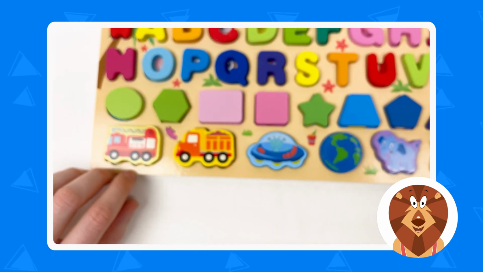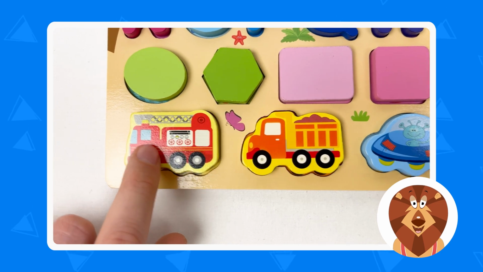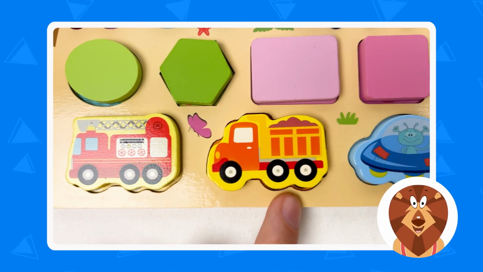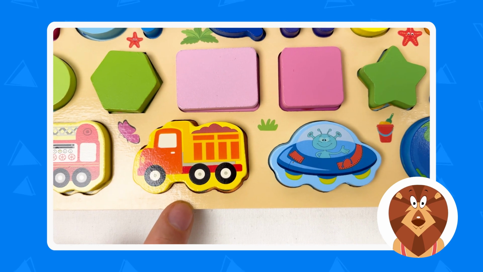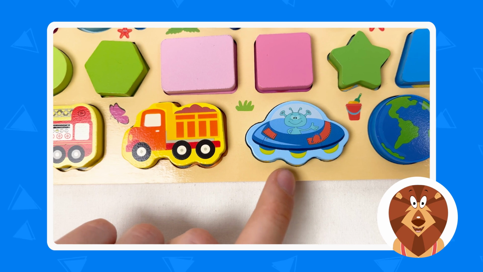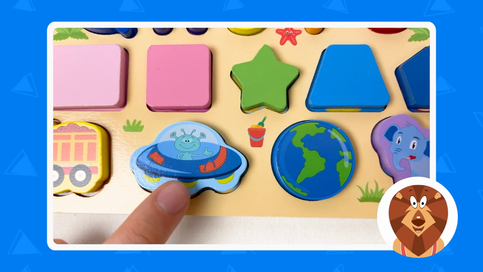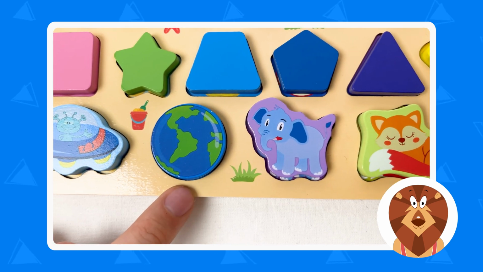Great. And also we found a fire truck, you see? And it has the red color. And the next is a truck that helps people. And the next one is an alien sitting in his spaceship. And what is this called? You know it.